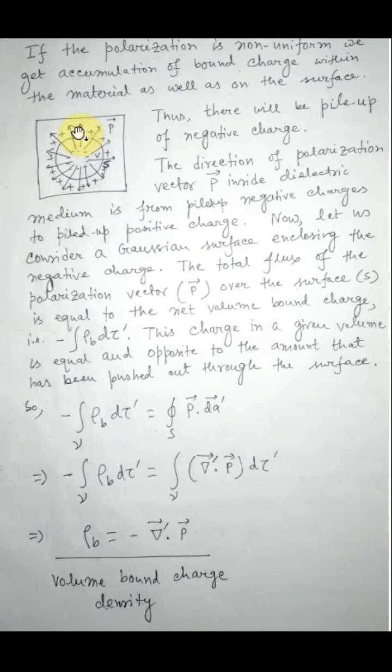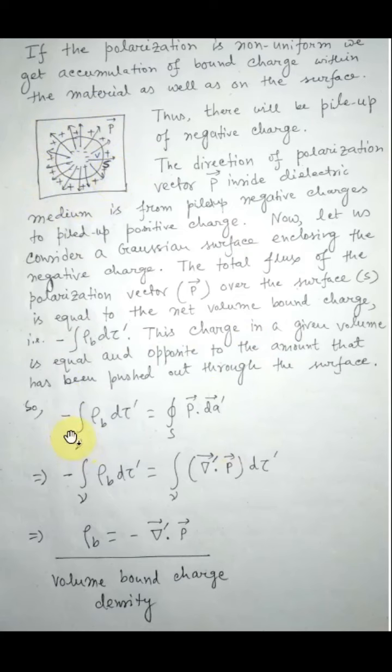The total flux of the polarization vector P over this closed surface will be equal to the net volume bound charge enclosed by this surface, that is the total negative bound charge, minus volume integration rho b d tau. So this charge in a given volume is actually equal and opposite to the amount that has been pushed out through the surface. So here the negative charge and this positive charge are the same, right?